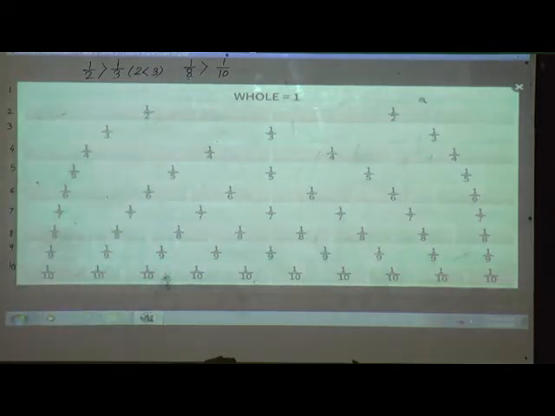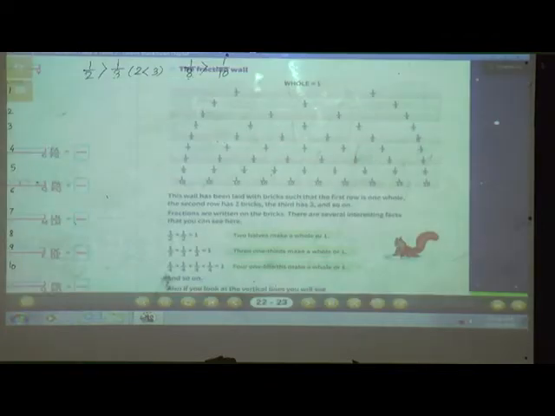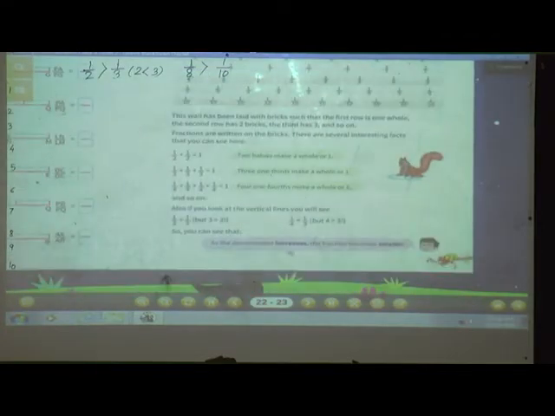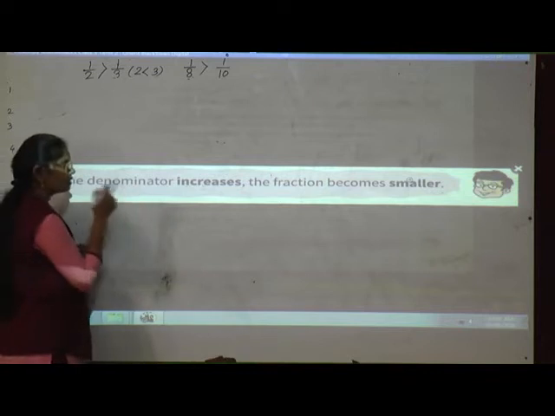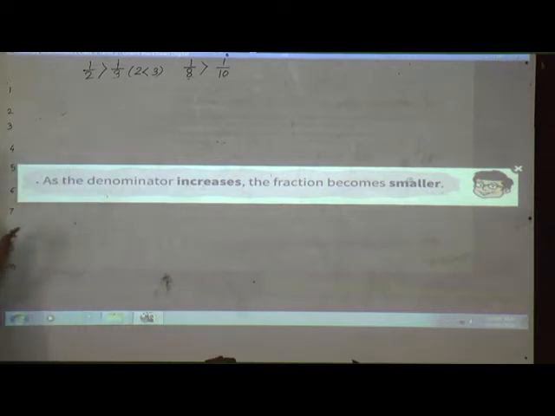Here we can see that as the denominator increases, the fraction becomes smaller. If the denominator is greater, then that fraction is the smaller fraction.